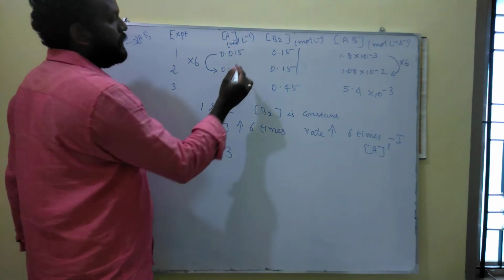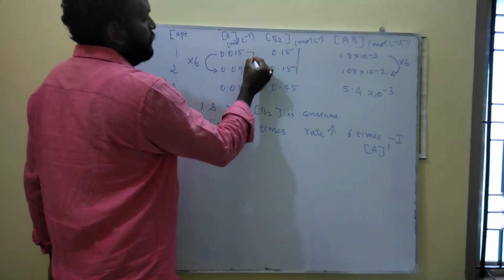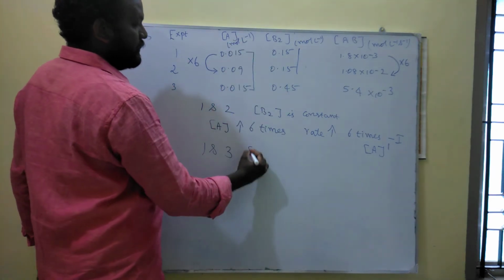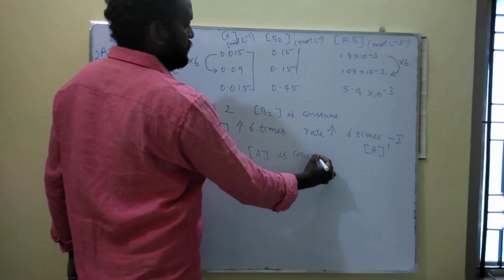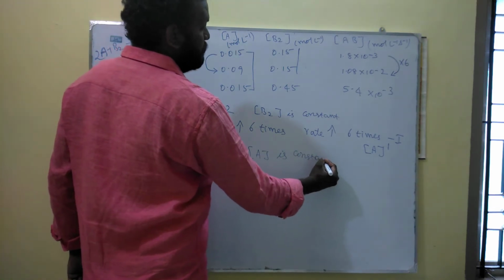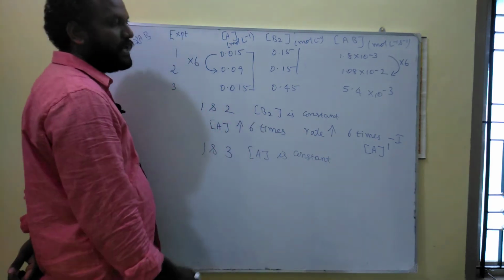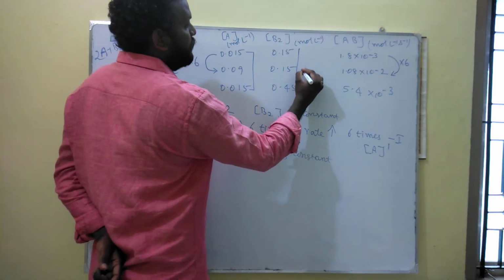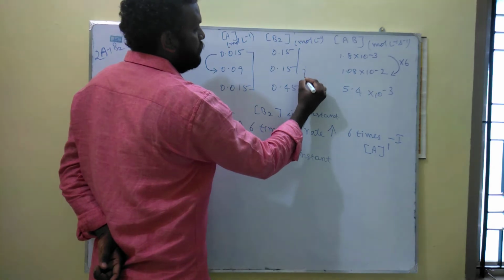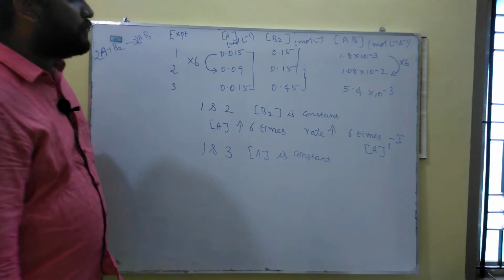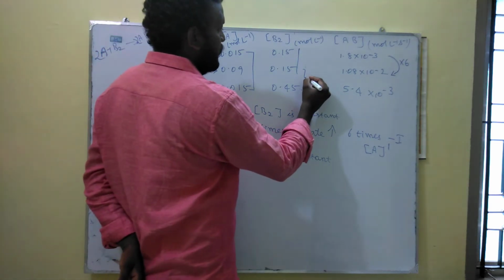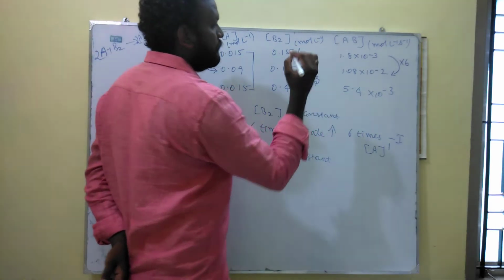Here 0.015, the concentration of A, is constant, and the concentration of B2 is variable. How much variable? 0.15 to 0.45, that is a 3 times increment.